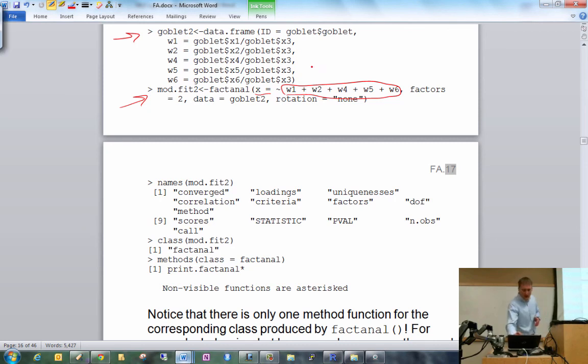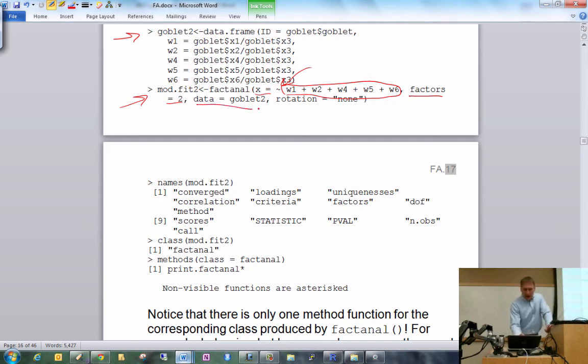Notice how we have a tilde here as well. The main difference is that we use x as the argument name. How many common factors do you want? Well, what you'll see later is that 2 common factors will work out, generally speaking. I'll show you later how that determination is made. Let's just apply it here and say I want 2 factors.